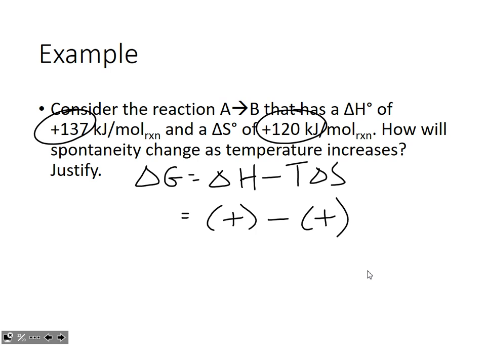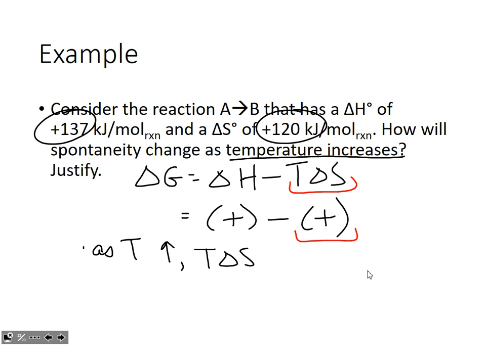So, okay, a positive minus a positive is asking what happens as temperature increases. So as temperature increases, we're going to be increasing the magnitude of this portion, right, this T delta S portion. So as temperature increases, T delta S will eventually become larger than delta H, right?